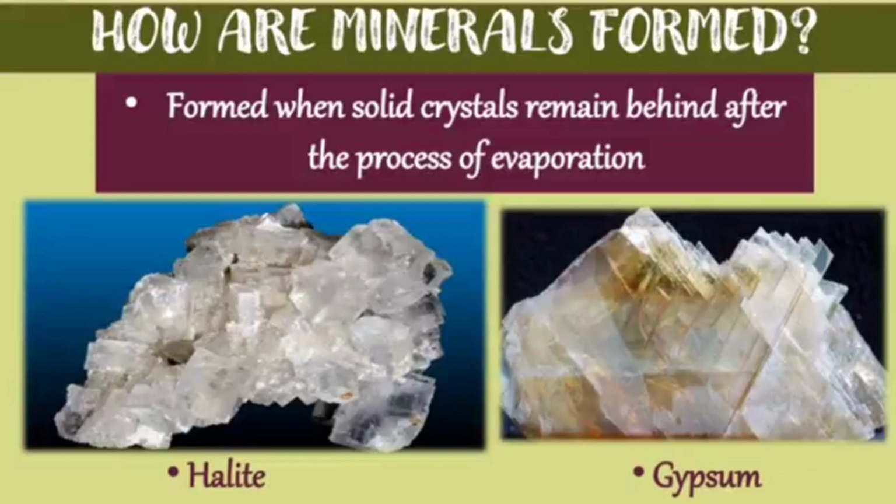But when they do not get a place to release, they form a crystal shape, formed when the solid remains behind after the process of evaporation. So these are the two substances that are formed there, halite and gypsum.